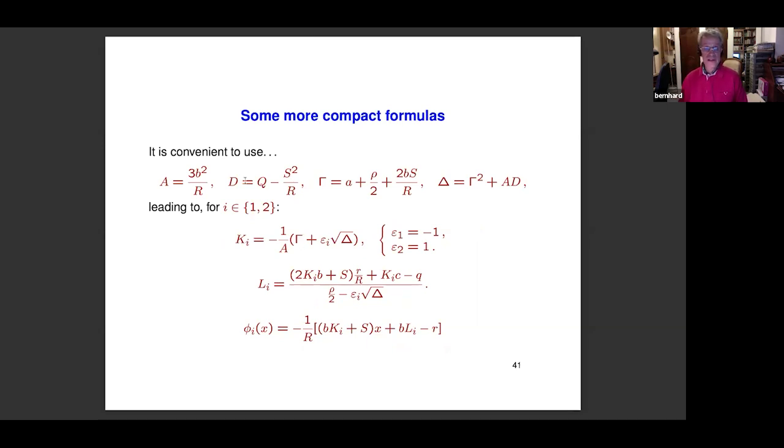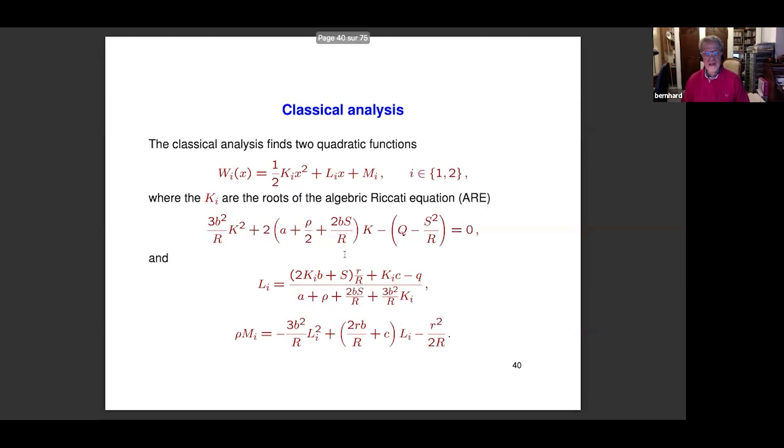Well, D stands for the determinant of the matrix of quadratic terms, and delta stands for the discriminant in the algebraic Riccati equation. That's where the fact that the problem is scalar is absolutely of the essence, because it's for that reason that you can explicitly solve the algebraic Riccati equation.